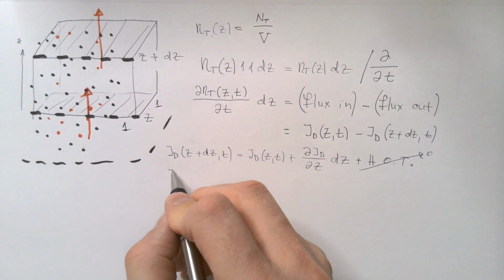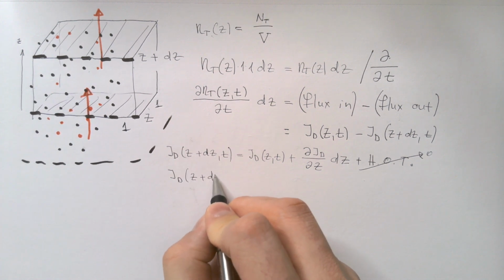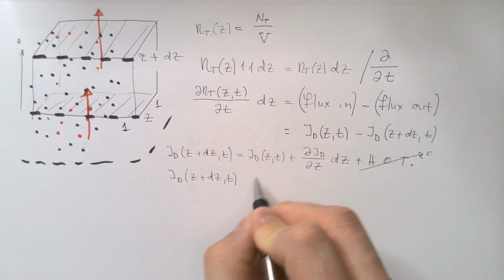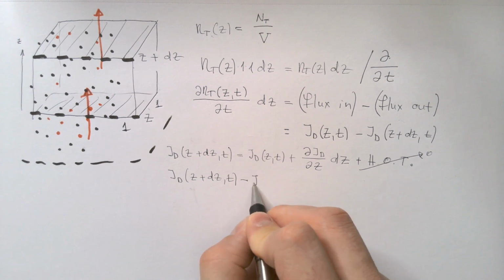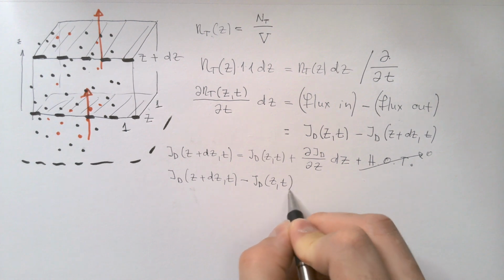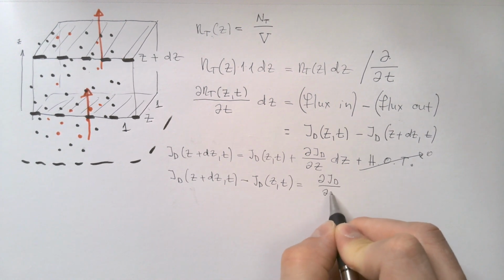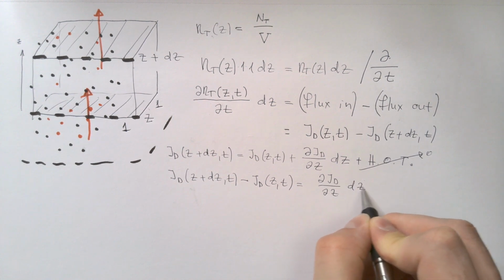different. From here we can see that jd at the surface z plus dz and time t minus this jd at the surface z and time t is simply equal ∂jd/∂z times dz.